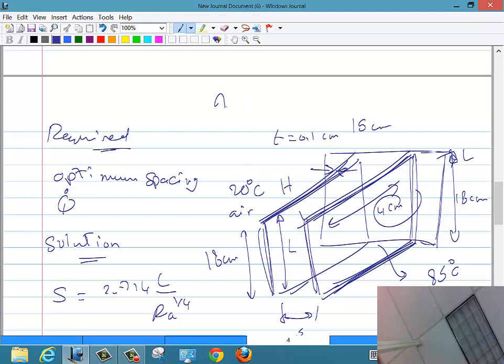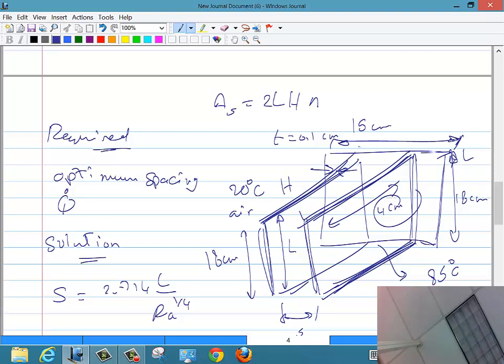So he basically said the area is simply L times H, that's the area of the fin, multiplied by 2, multiplied by how many of them per this 15 centimeter.